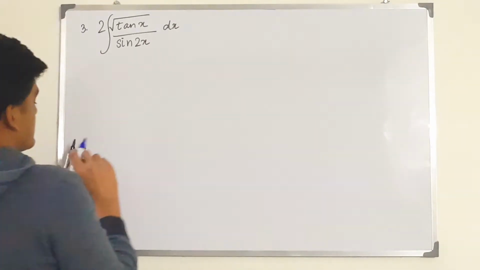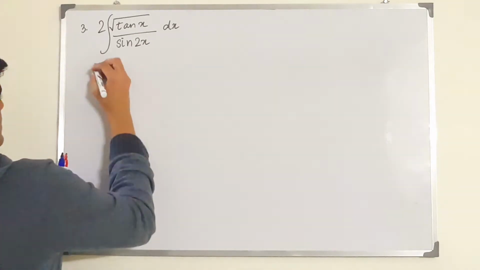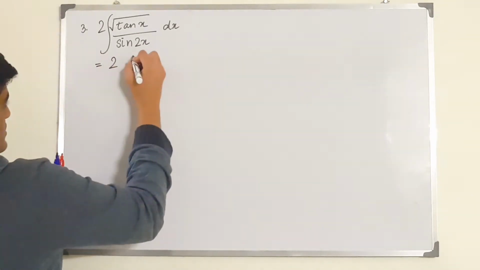As we know, sin 2x can be written as 2 sin x cos x.